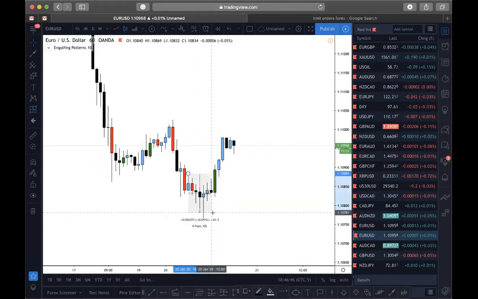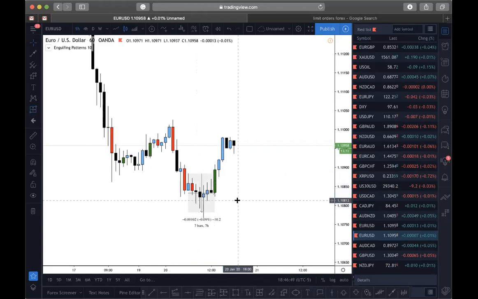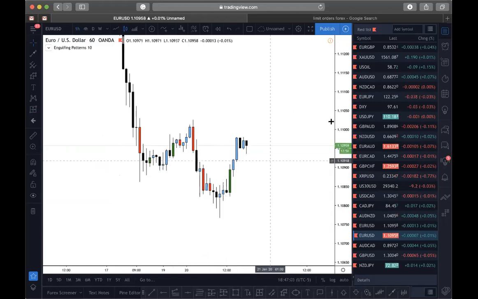If we measure this with this measuring tool, we see max 7 bars, 7 hours. Just looking at this, we could see that the market didn't go anywhere for 7 hours. Basically, the candles went sideways for 7 hours.